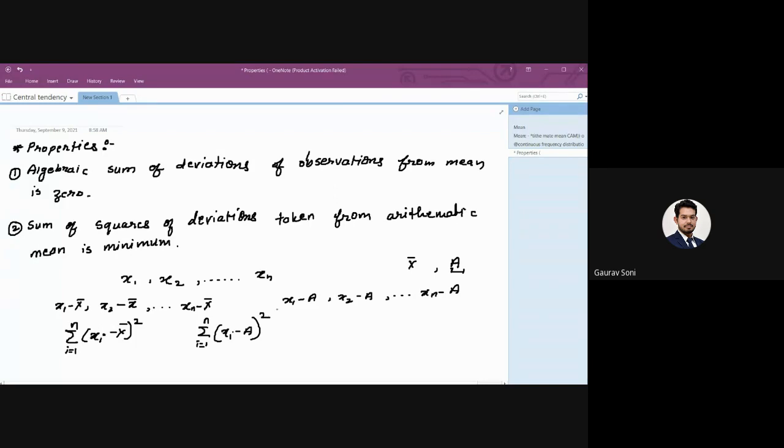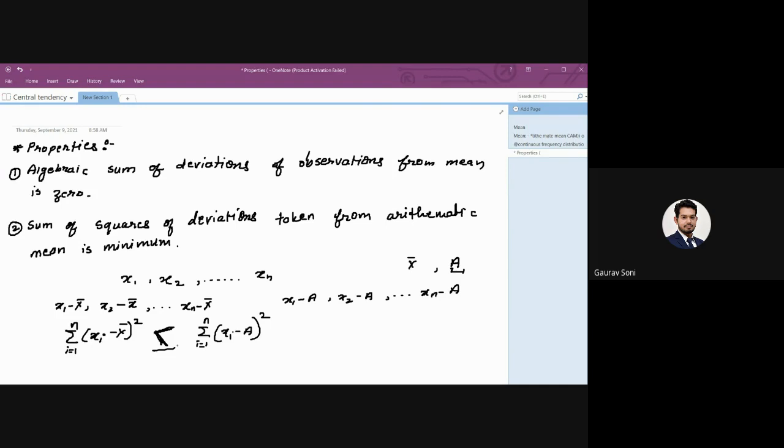So the property says that the sum of squares of deviation taken from the arithmetic mean is minimum. If you take any point other than the arithmetic mean, no matter what the properties of that point, the sum of squares of deviation is going to be minimum for the arithmetic mean. I'll give it as homework. Try to prove this.